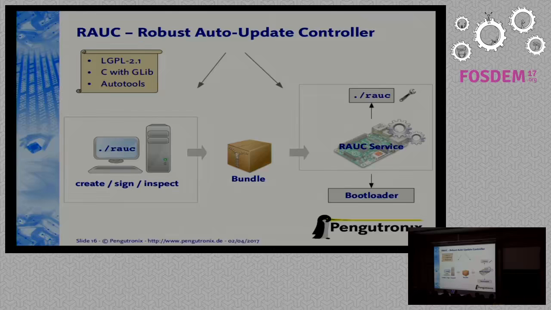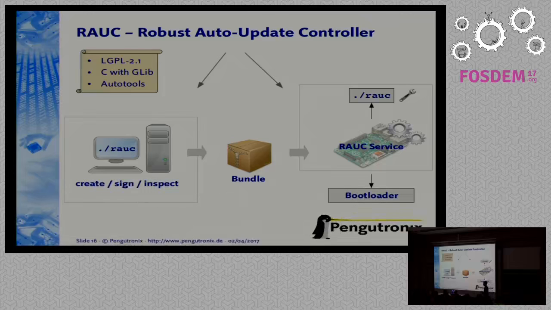Updates in RAUC we call bundles. And you can compile it for the target. Then it operates as the update service on the target that controls the entire update process, the installation, and communication with the bootloader. And it also provides a small command line tool that allows you to easily install a bundle from the command line or inspect the system or updates.